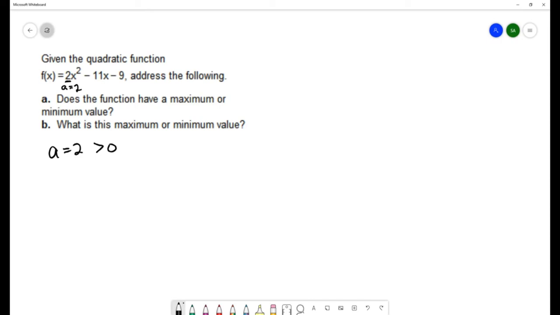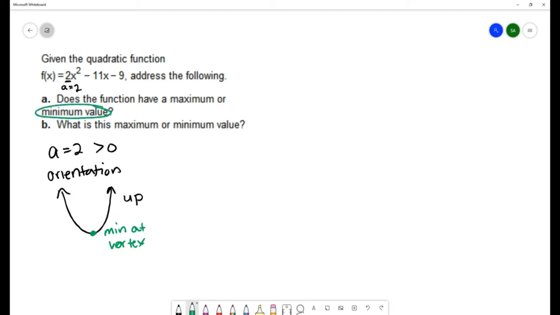And because of that, the orientation of the parabola is going to be up. The parabola is an up-facing parabola. And so this quadratic function will have a minimum value at the vertex. So it's got the y value being the lowest at the vertex. So we can say that this function has a minimum value because the orientation is up.